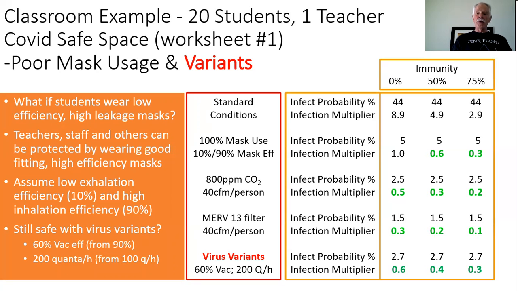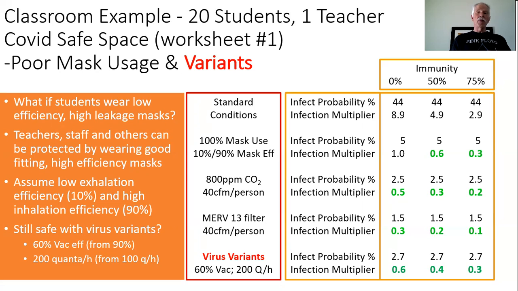But everyone else, the way they're playing around with their masks or not wearing them, they're in effect maybe got a 10% exhalation mask efficiency. They're releasing 90% of the virus that's coming out of their lungs into the air. But you're wearing a good KN95 mask and you're wearing it all the time. You'll find out that this does protect you, and it effectively protects you.